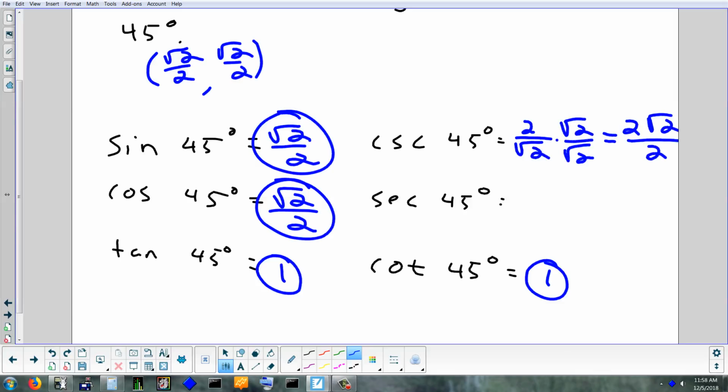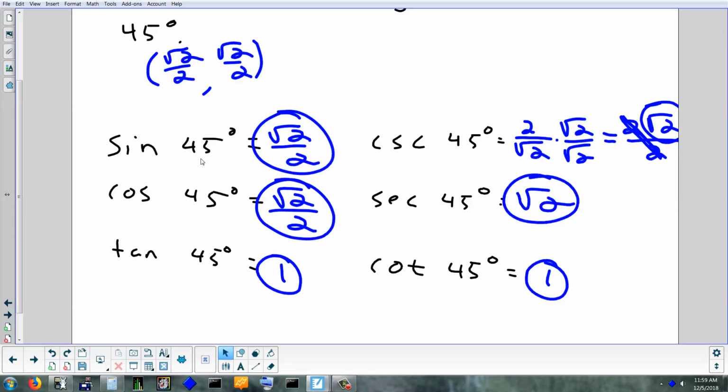And what happens there? The 2's on the outside cancel out, and all you're left with is square root of 2. Now, the secant should be very quick to find because the sine and the cosine are the same. So what's the secant? It's also square root of 2. So there's your six trig functions of 45 degrees, and that's one of the homework questions. Questions on that?